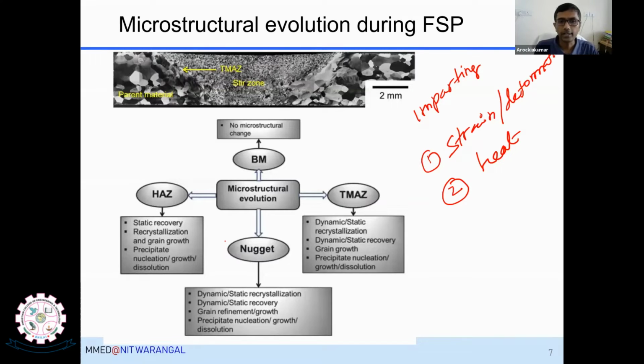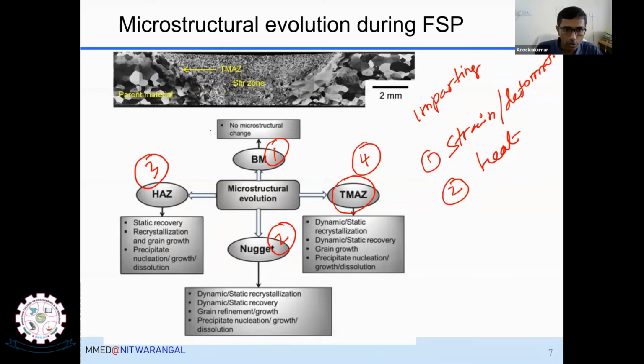In any welding or joining process, you have a base metal region, a processed region, that is the nugget, and a heat affected zone. In FSP we have a thermomechanically affected zone, because we are importing a lot of deformation. So we have one more new zone in case of FSP. Fine. So now what are responsible for this microstructural change?